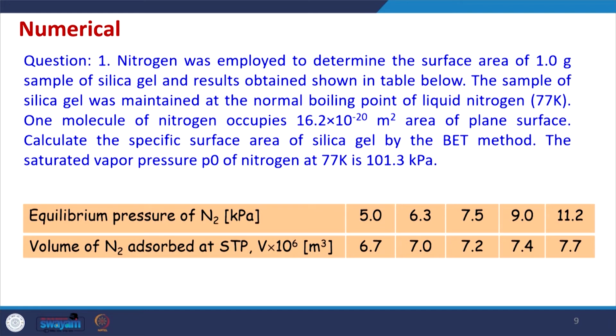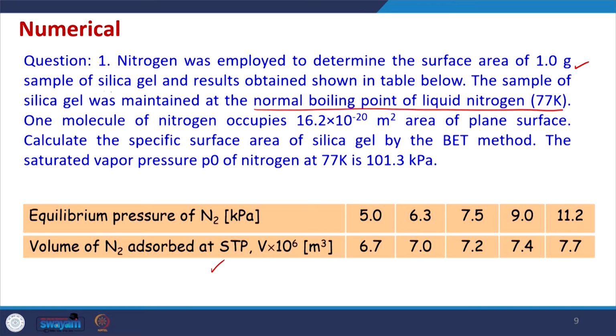So, let us take some numericals related to this, so as to understand. Nitrogen was employed to determine the surface area of 1 gram of a sample of silica gel, and the results obtained are shown in the table here. The silica gel sample was maintained at the normal boiling point of liquid nitrogen.